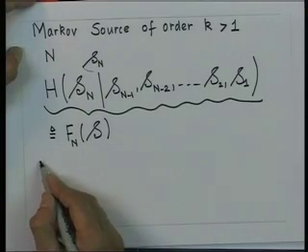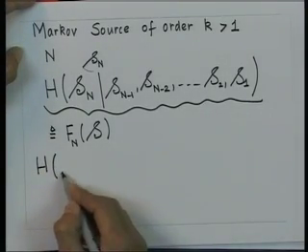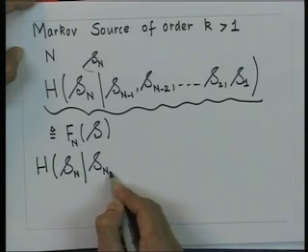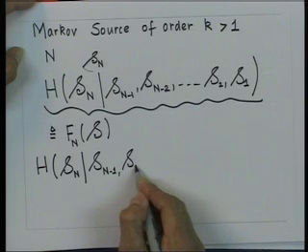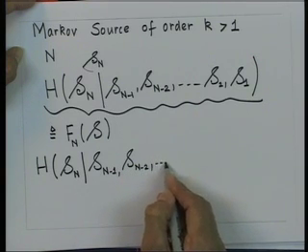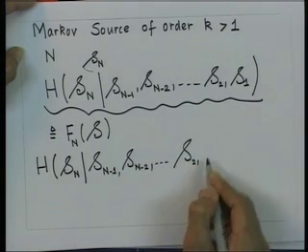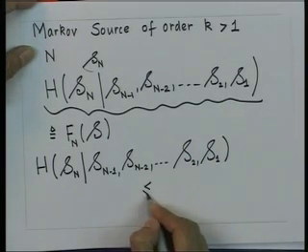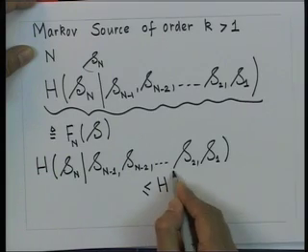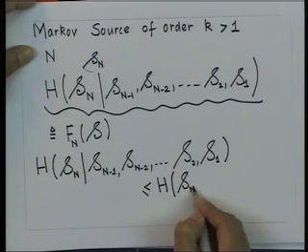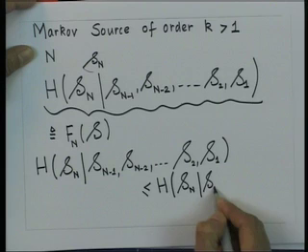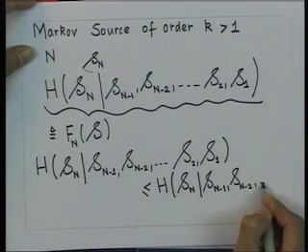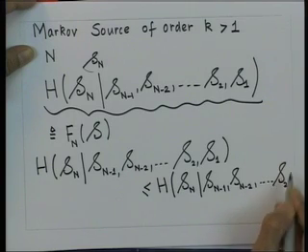One interesting property would be that H of Sn given Sn minus 1, Sn minus 2, up to S2, S1 is always less than or equal to H of Sn given Sn minus 1, Sn minus 2 up to S2.